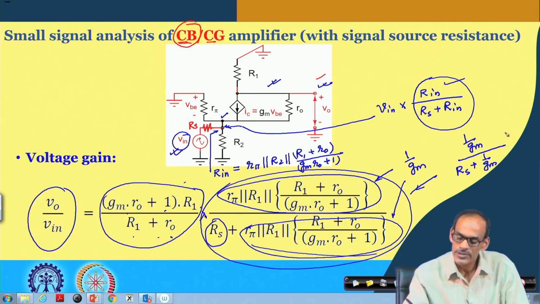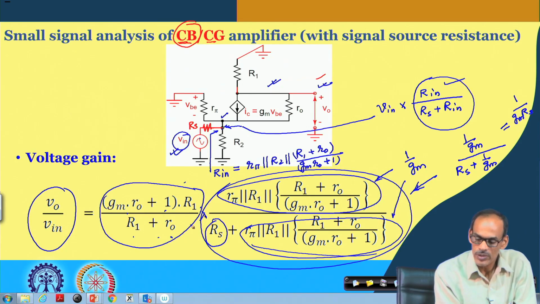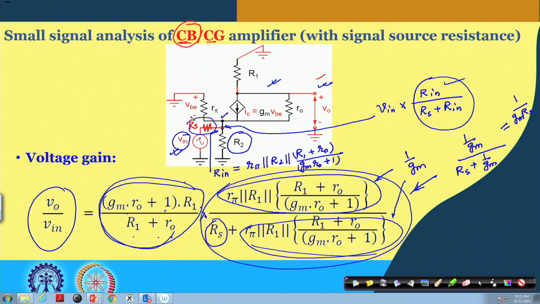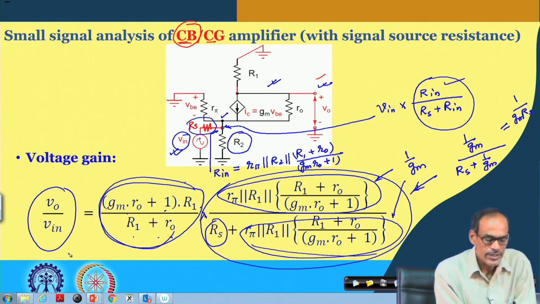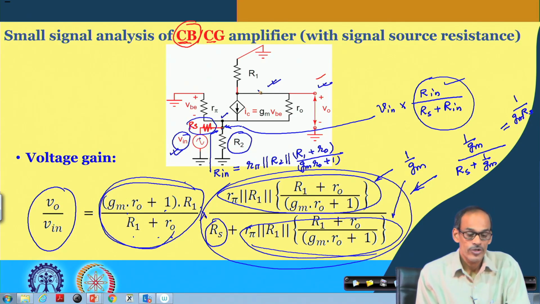So, that gives us 1 divided by (Gm Rs plus 1). So, there will be huge attenuation depending on the condition. If Rs is sufficiently large, then there will be a large amount of attenuation. As a result, this circuit may not really work as a voltage amplifier.